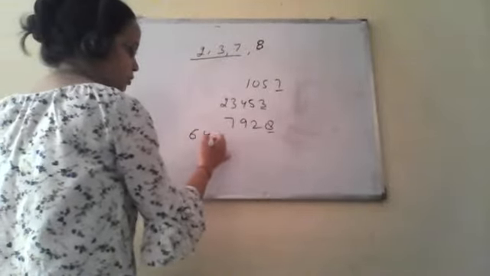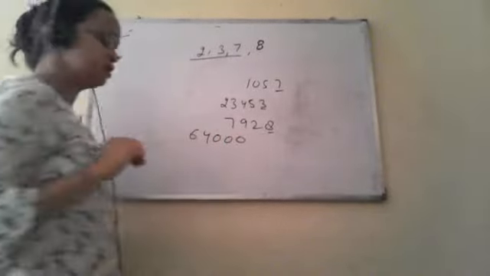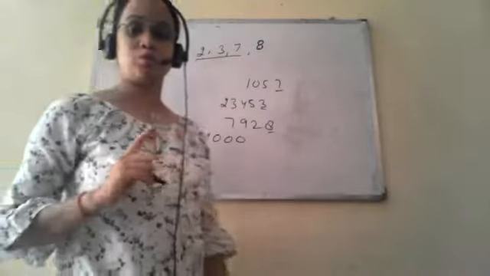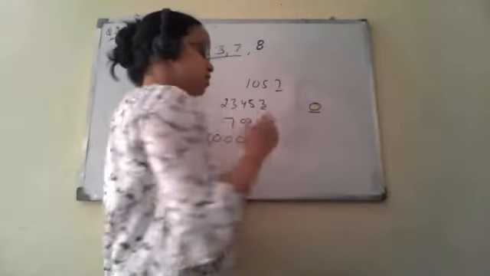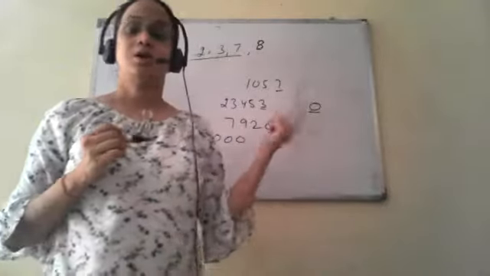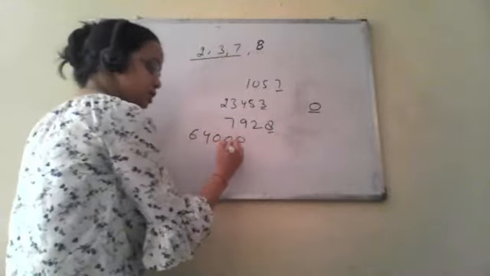Now the fifth part is 64000. The condition for a perfect square in the case of 0: if a number has 0 at its unit place, its resulting square will have double zero.